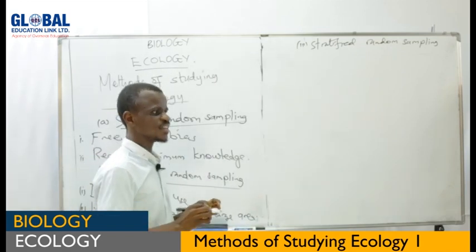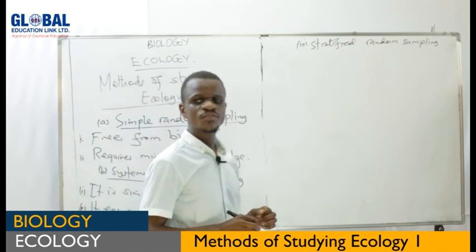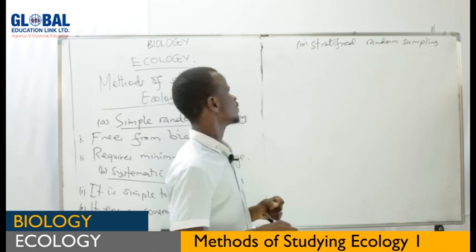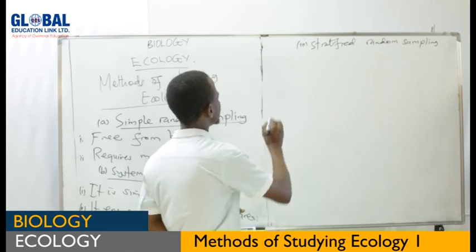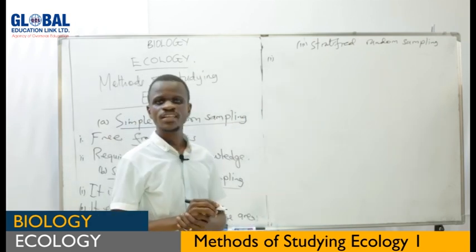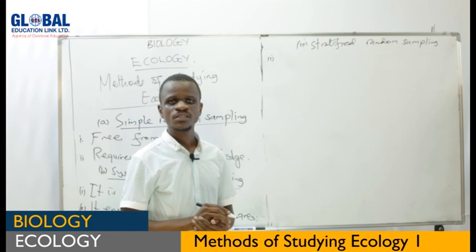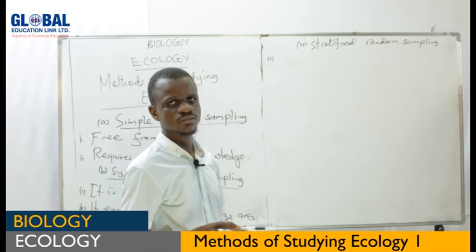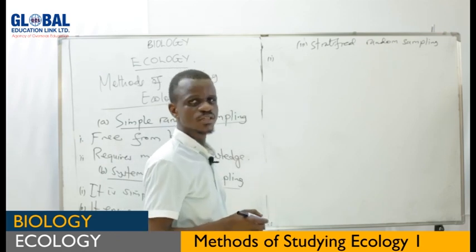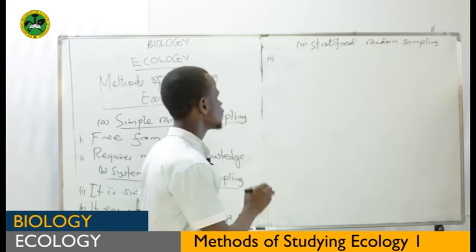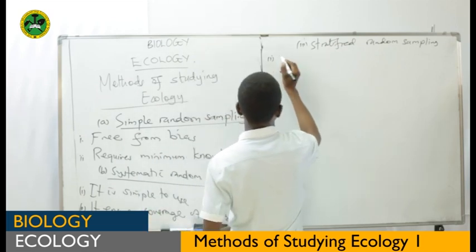Because after dividing the population, individuals from subgroups are selected randomly. Therefore, the advantage of this, my students, is that stratified random sampling is very useful when studying a heterogeneous population. Heterogeneous population means the population having members of different characters. Therefore, it allows the comparison and the correlation.